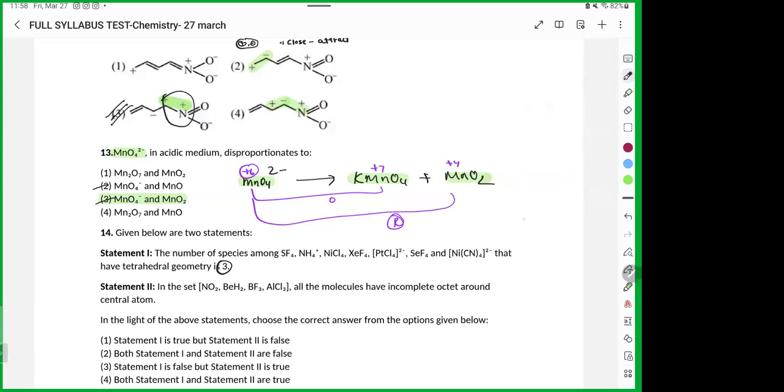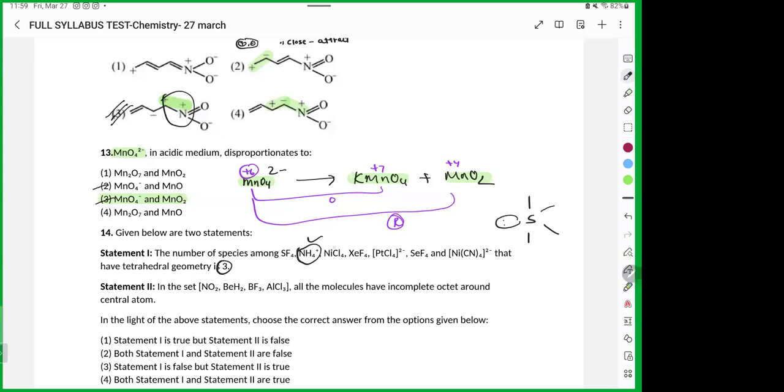In SF4, it is not possible because sulfur has a total of 6 electrons. If 4 are bond pairs, 1, 2, 3, 4, the fifth will be a lone pair. So this is seesaw shape, and the geometry is trigonal bipyramidal.